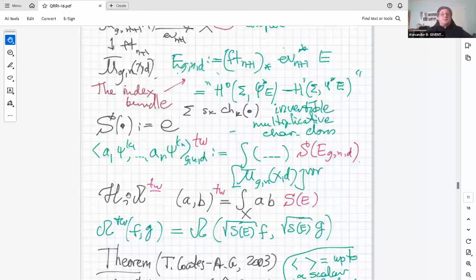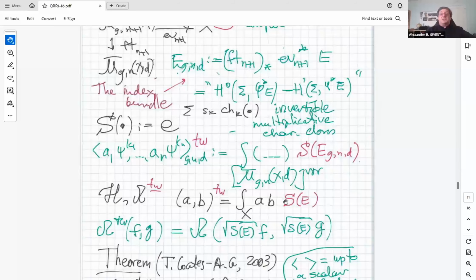However, you can modify it. So if you consider not the identity map from H to itself, but, since there's a Laurent series, you can multiply by the square root of this characteristic class, which is just multiplication in the cohomology algebra. So f is a Laurent series in z whose coefficients are cohomology classes of the target, and you multiply each coefficient by that same cohomology class in the classical cohomology algebra.